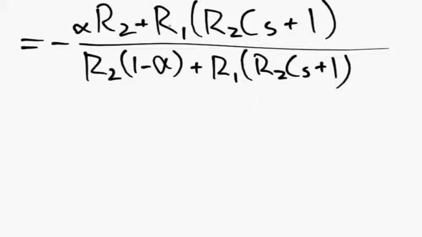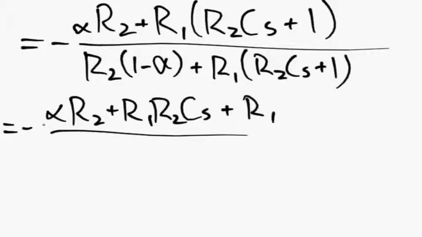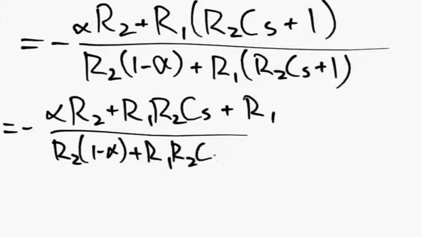Now luckily, if we divide this fraction through by R1 R2C, then the S's will drop out. But to make that a little bit clearer, we'll just pull the S's out of that parentheses first. So let's say minus sign, alpha R2 plus R1 R2CS plus R1, divided by R2 times 1 minus alpha plus R1 R2CS plus R1.